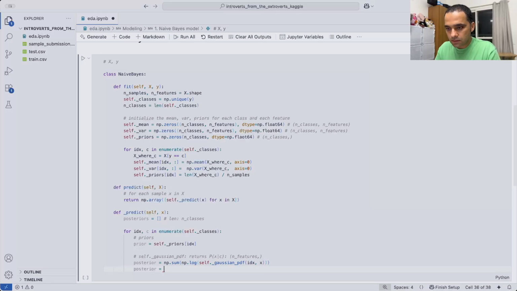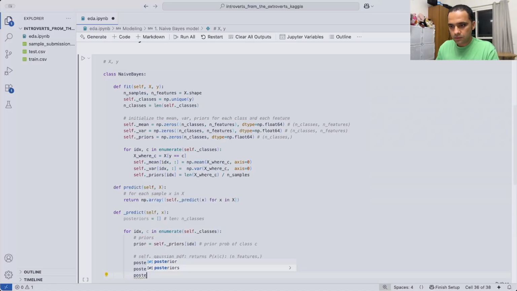Posterior is equal to posterior plus prior. This is where we add the prior probability of that particular class, the probability of class C. Once we have done this, posterior dot append posterior.